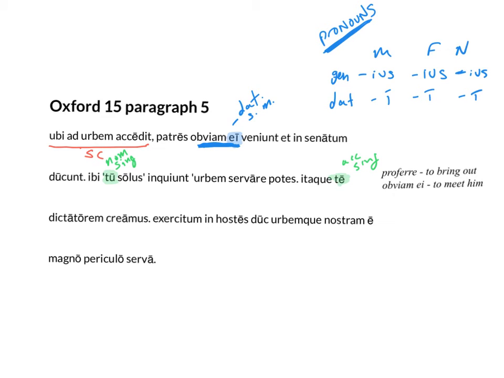Exercitum in hostes duc urbemque nostram et magno periculo serva. So in this sentence, remember the Senate is still talking to Cincinnatus. Let's start first by asking what form duc is right here. This was a form that you learned in this chapter.